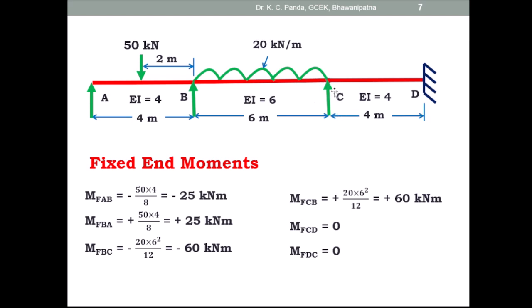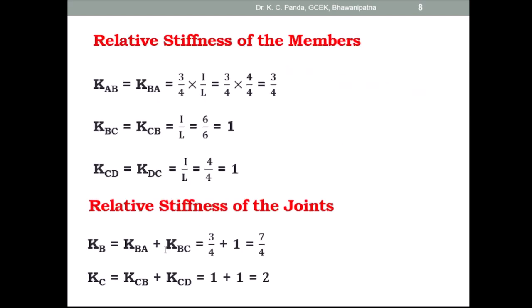So KC is equal to KCB plus KCD. So you know KBA is equal to 3 by 4 and KBC is equal to 1. 3 by 4 plus 1 is equal to 7 by 4. Similarly, KC is equal to KCB plus KCD is equal to 1 plus 1 is equal to 2. So this is the relative stiffness of the joints.